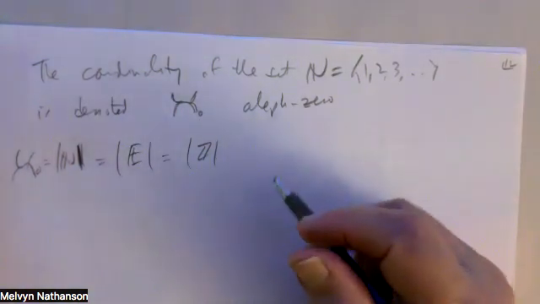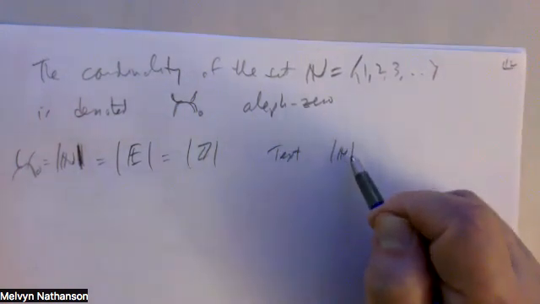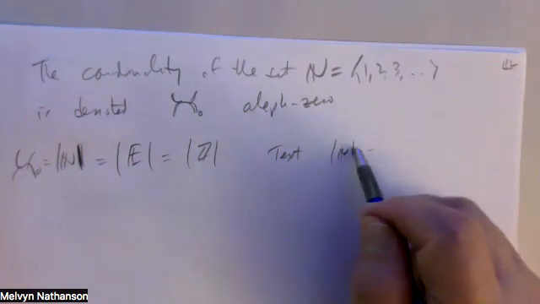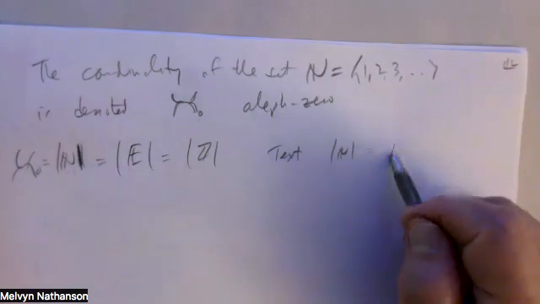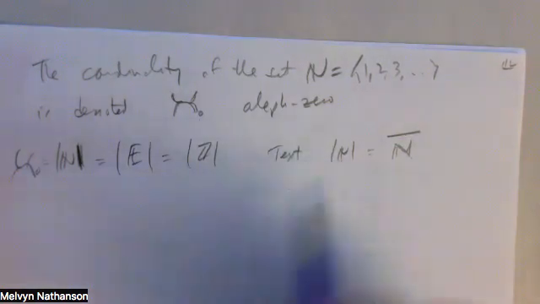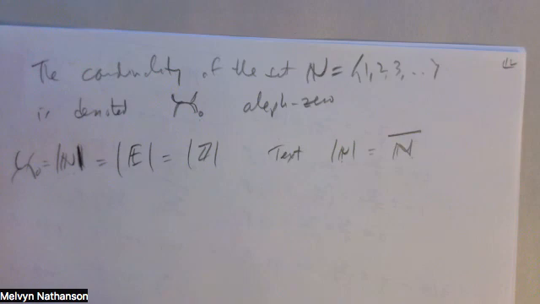In the text, they use a slightly different notation: instead of the set with absolute value signs around it, they put a bar over it. But this is the standard notation. Okay, so even integers, odd integers, positive integers and all integers have the same number of elements.